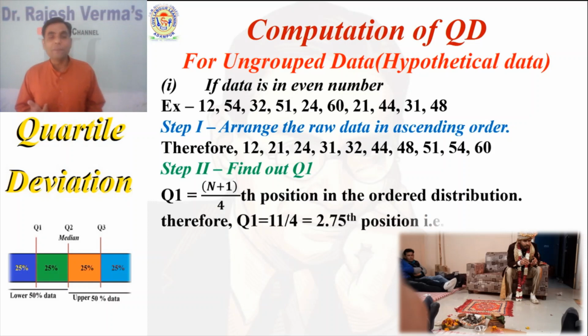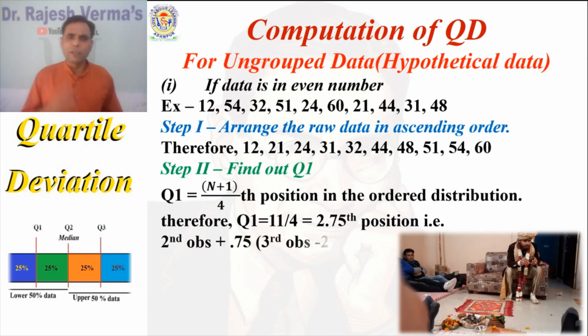This time n is 10, plus 1, 11. If you divide 11 by 4, your answer will be the 2.75th position. So here comes a little bit of difference between when the data is in even number and odd number.